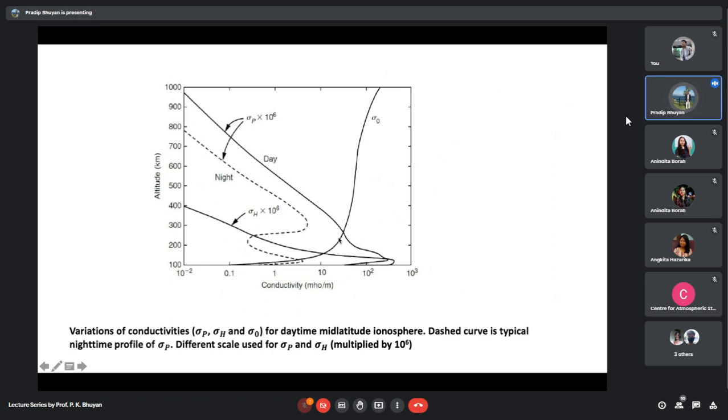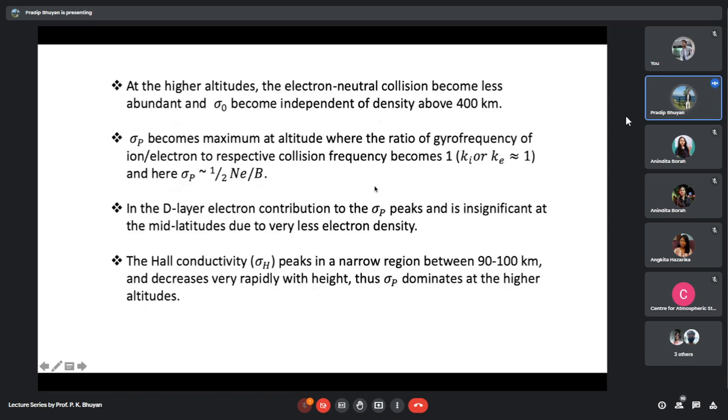That means with density increasing up to 300 kilometer, electron density or so, it was increasing up to say 200 kilometer or within the F1 region or below the F2 region, and then it becomes independent. This is 400 kilometer. So sigma naught becomes independent above 400 kilometer, independent of density of the ions or electrons.